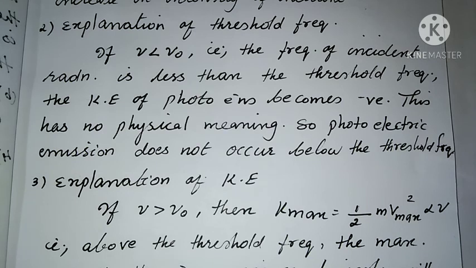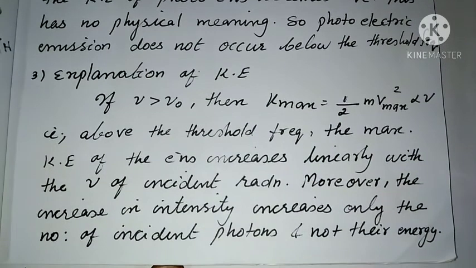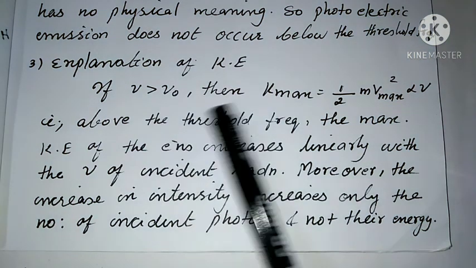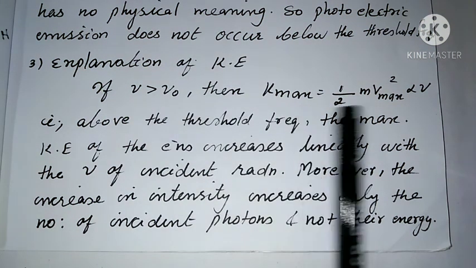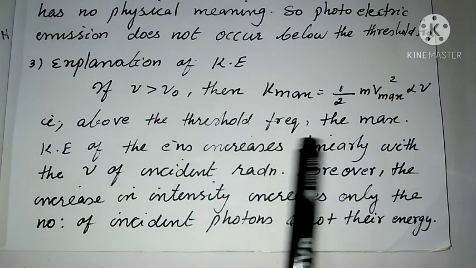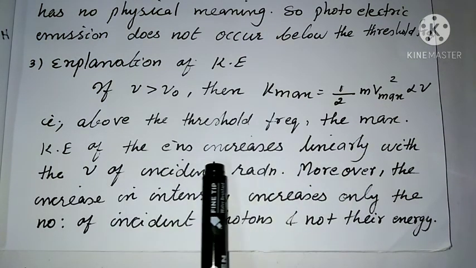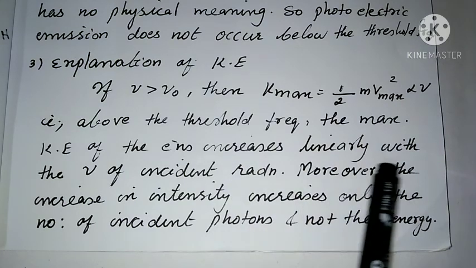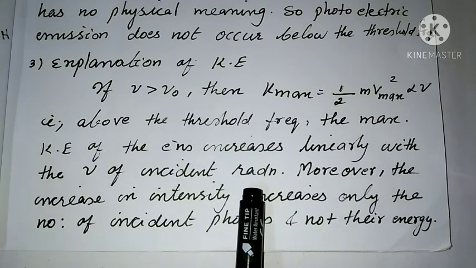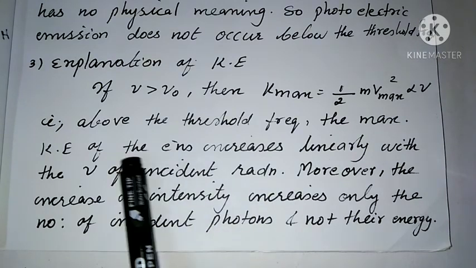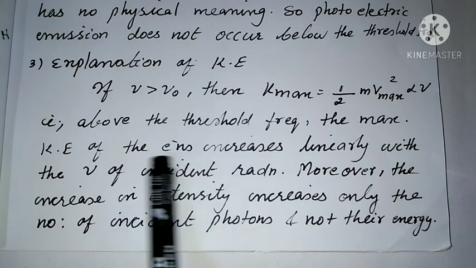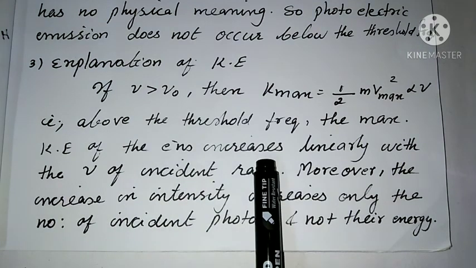Then the third point, explanation of kinetic energy. If nu is greater than nu 0, then K maximum is proportional to nu, that is, above the threshold frequency. The maximum kinetic energy of the electrons increases linearly with the frequency of incident radiation. So when the frequency of incident radiation increases, the kinetic energy of the electrons increases.